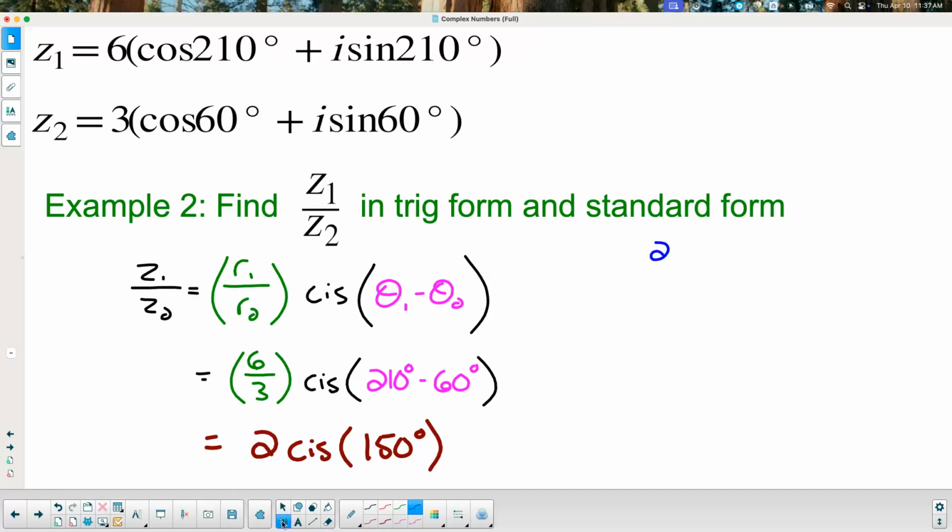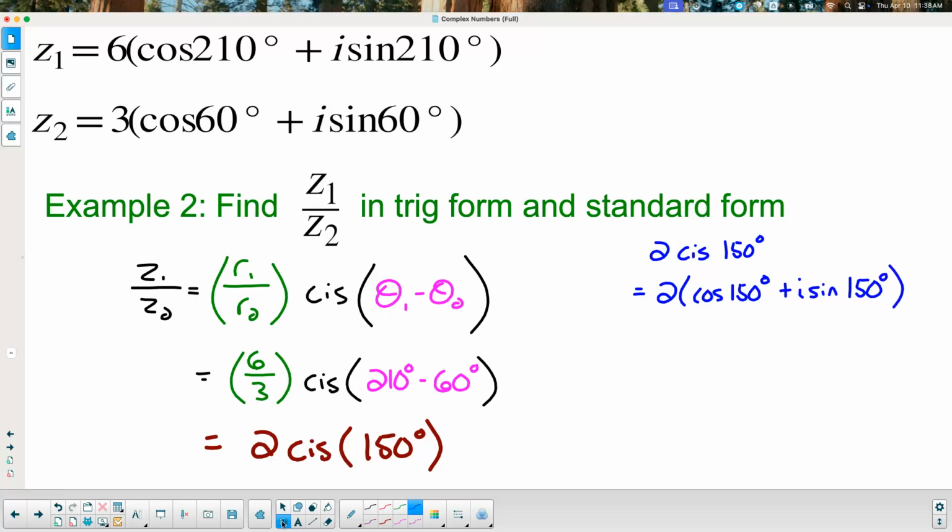So this would be 2 CIS of 150 degrees. That would be 2 times the cosine at 150 degrees plus i sine of 150 degrees.